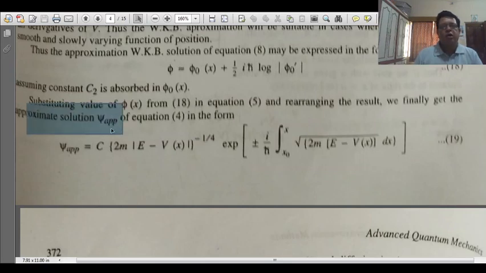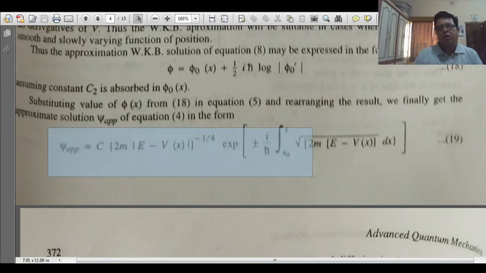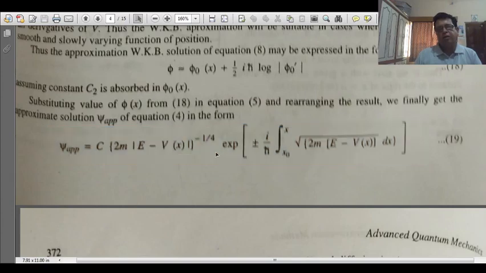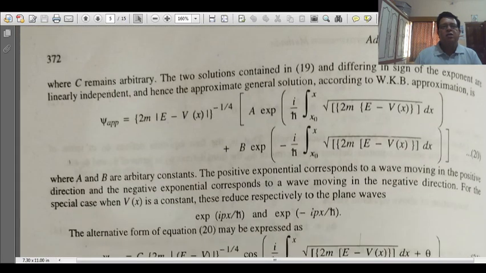Our approximate solution becomes psi approximation equal to C times twice m into E minus V x raised to minus 1 upon 4, exponential plus minus iota upon h cut integral x0 to x under root twice m into E minus V x dx. This is the expression for the approximate solution, where C remains arbitrary.